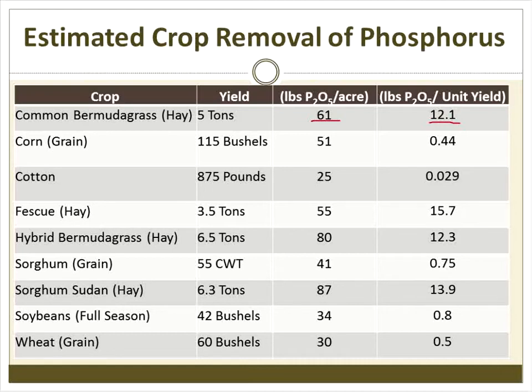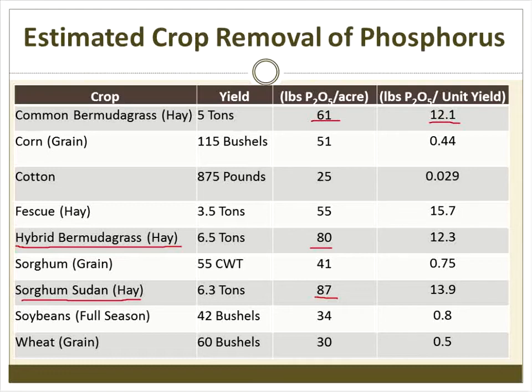So you get the idea that hybrid Bermuda grass has one of our highest phosphorus removal rates. Actually, our highest phosphorus removal rate is sorghum Sudan hay at 87 pounds of P2O5 per acre. Now, look around North Carolina and you don't see a lot of sorghum Sudan hay because the management of it is a lot more time-consuming than something like hybrid Bermuda grass hay.